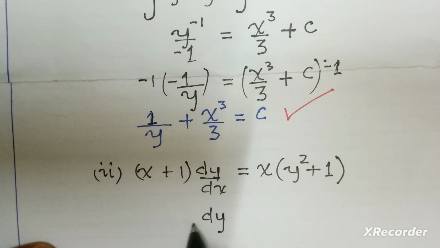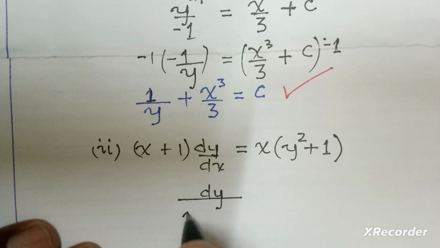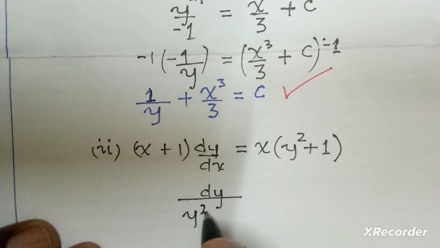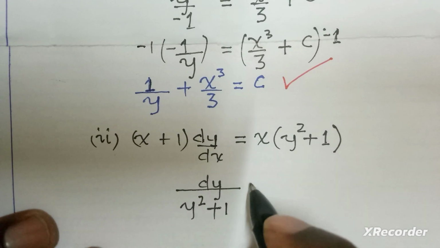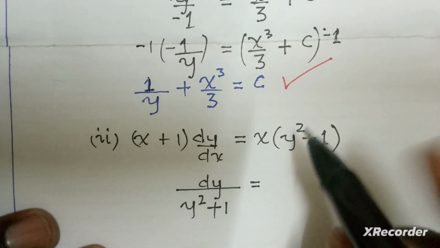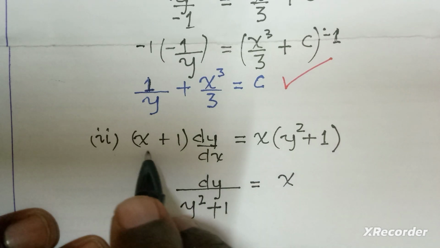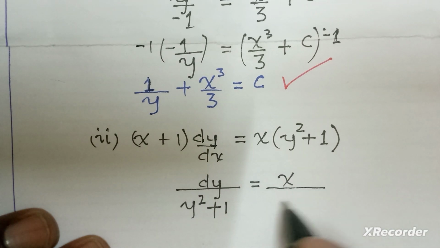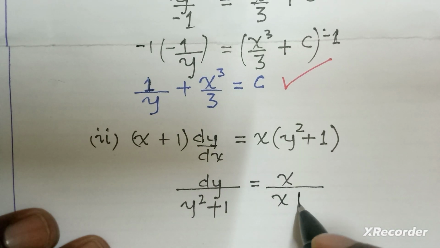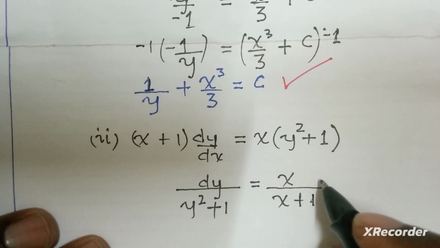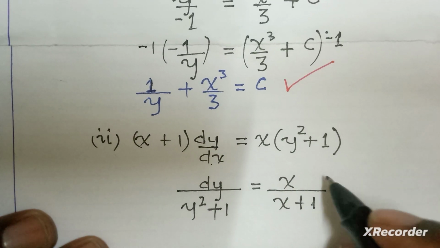So this one is going to be 1 over y squared plus 1 dy. For x, we bring this x plus 1 to this side, and then we have the dx coming here.